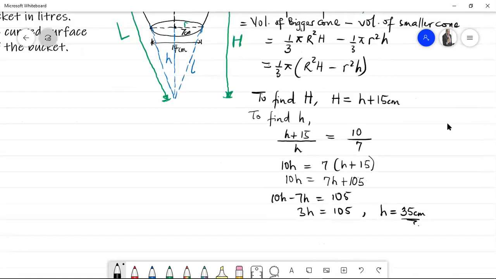We have small h, we need the capital H. Conclusively, big H is equal to small h plus 15 centimeters. So I have big H equal to 35 centimeters plus 15 centimeters, and when you add that up, you get 50 centimeters for the big H.